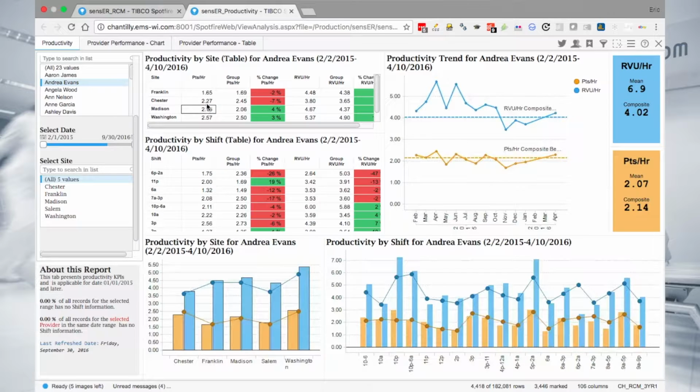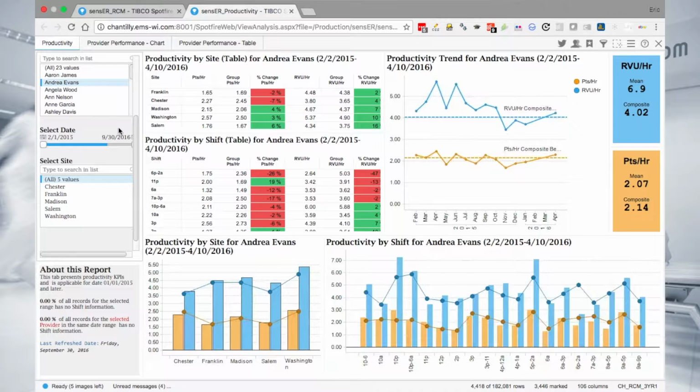So here on the top left, we see the productivity by site report. We have a comparison of Andrea's performance for patients per hour and RVUs per hour by site. And we're comparing her to a fair comparison group, which is her APP colleagues.